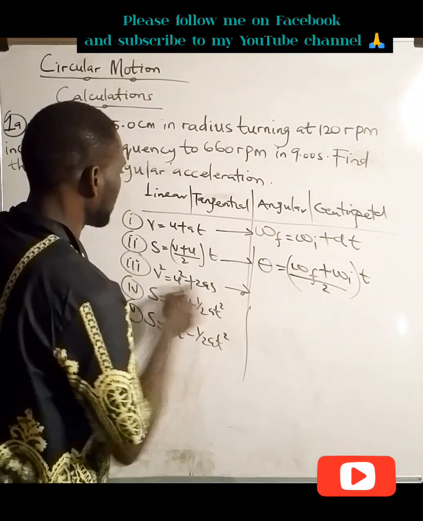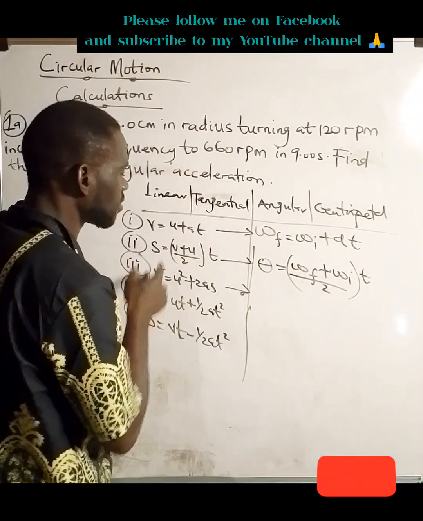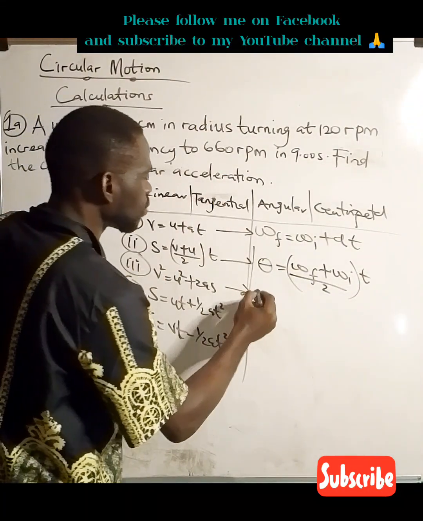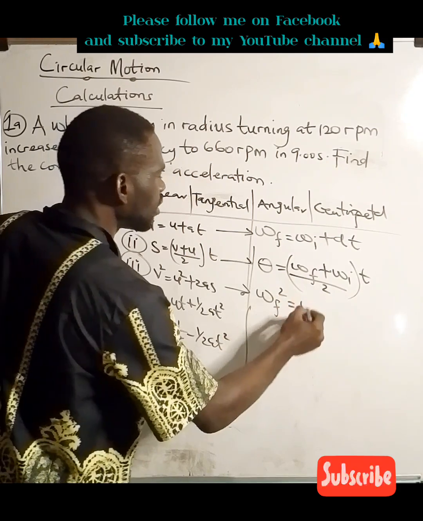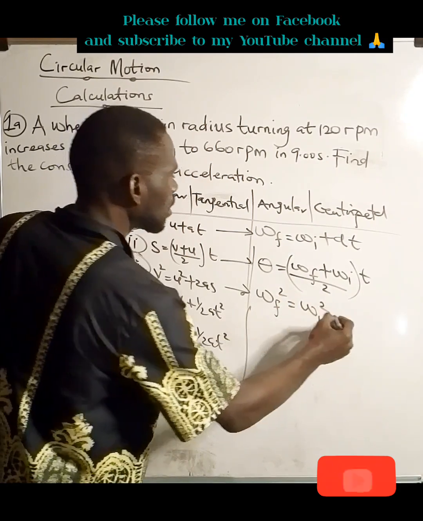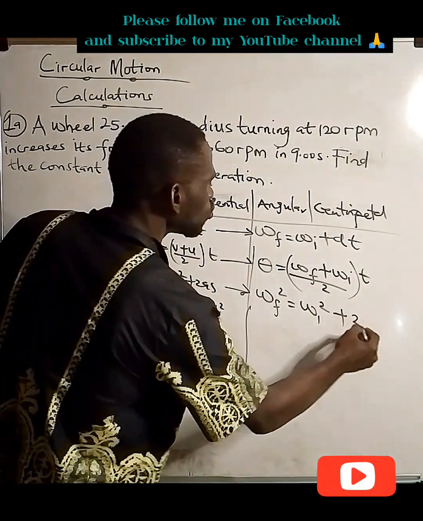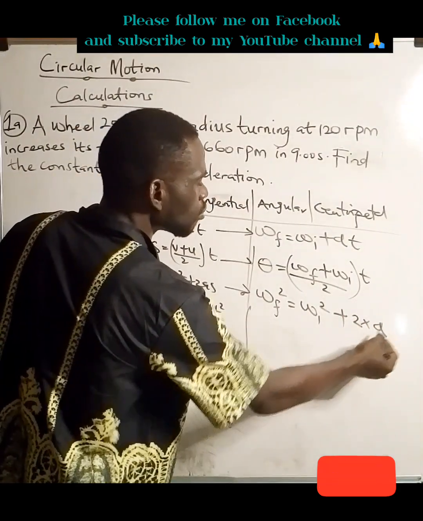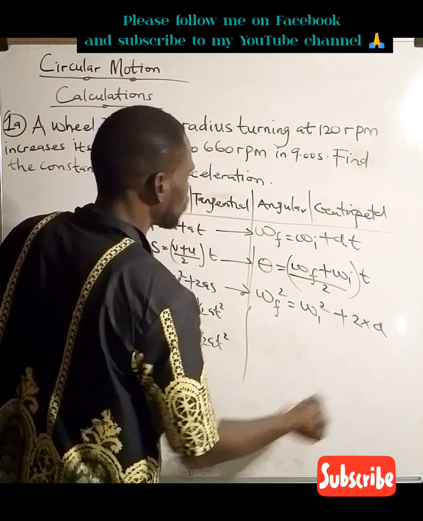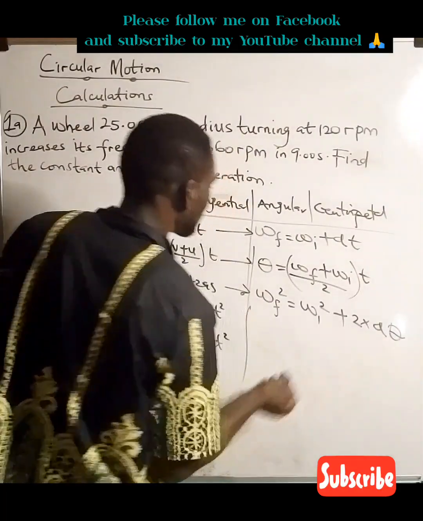Now the same thing we're going to do here. The final velocity squared equals initial velocity squared plus 2 times angular acceleration. I love to use my alpha. We could use centripetal acceleration, times angular distance.